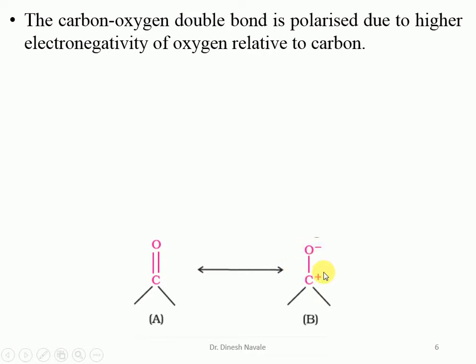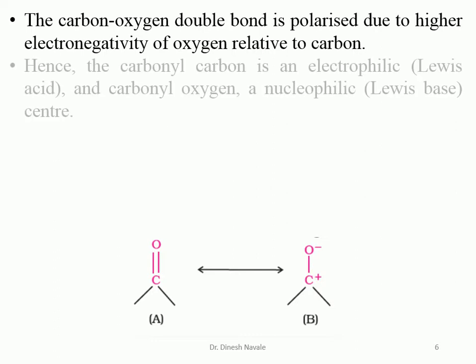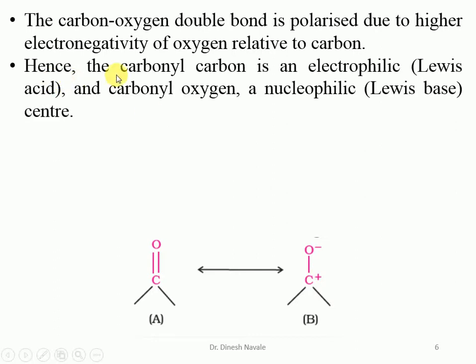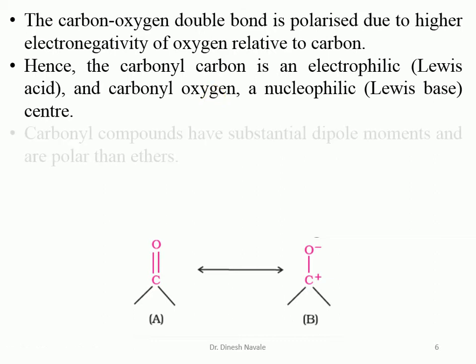So there will be a positive and negative charge on the carbon and oxygen respectively. Hence, the carbonyl carbon acts as the electrophilic center, and the carbonyl oxygen acts as a nucleophilic center.